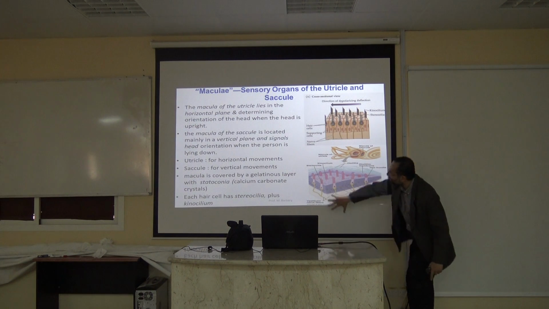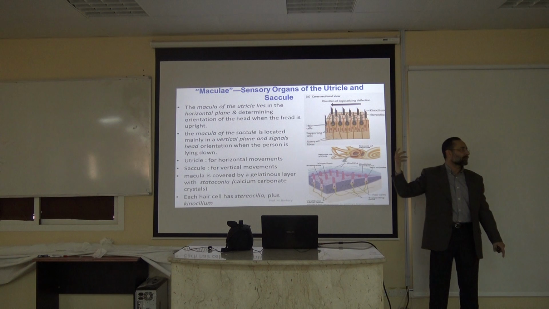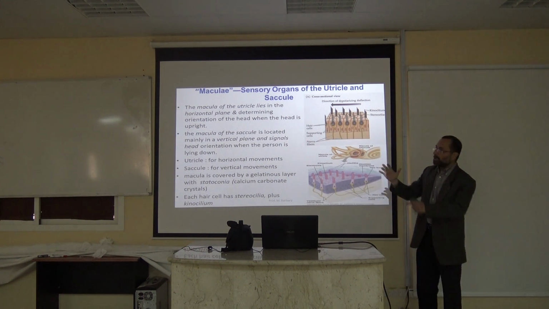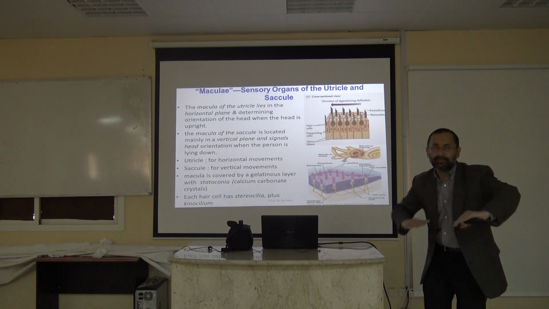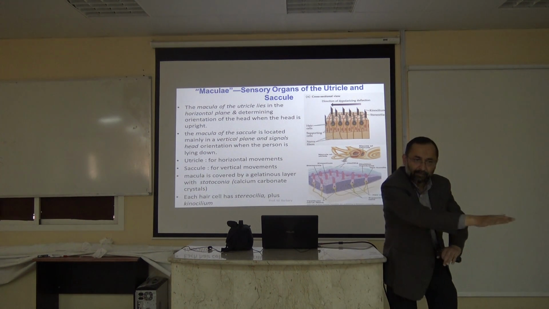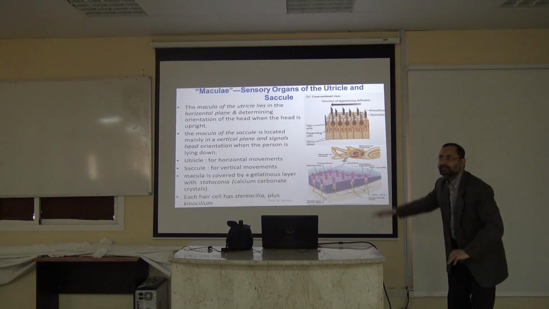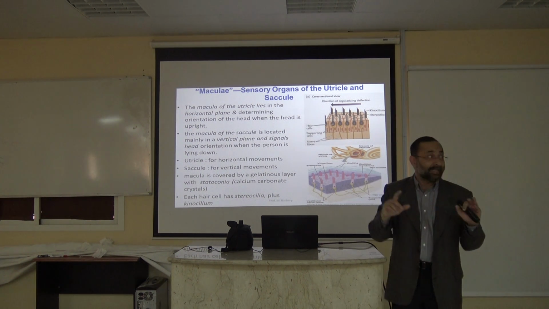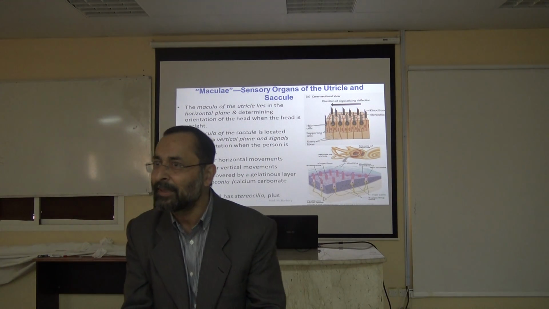It is attached here on the wall, the posterior wall. So the position of the macula of the utricle is the floor. So what is that position? Horizontal. And what is this position? Vertical. Did you see the orientation of the two? Both are maculae. Both have a similar structure.